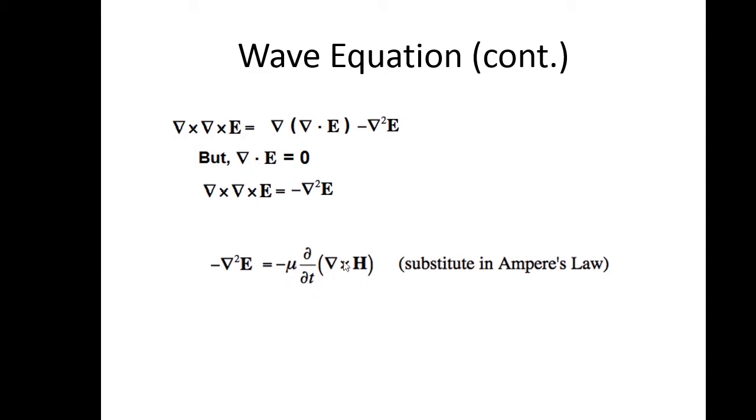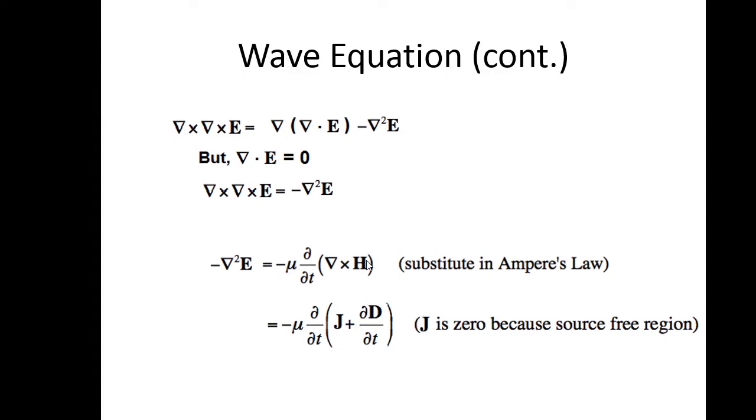Now you are equating these two, and for curl H you substitute the fourth Maxwell's equation, which is curl H equal to J plus dou D by dou t, that is, J plus epsilon dou E by dou t, where D is equal to epsilon E, E is the electric field intensity and D is the electric flux density.